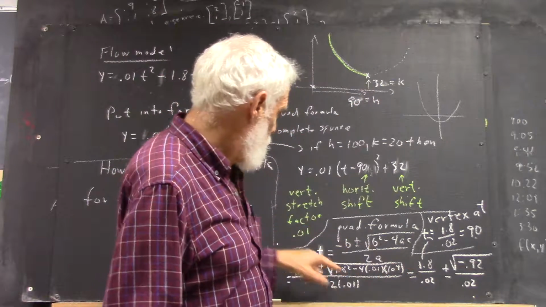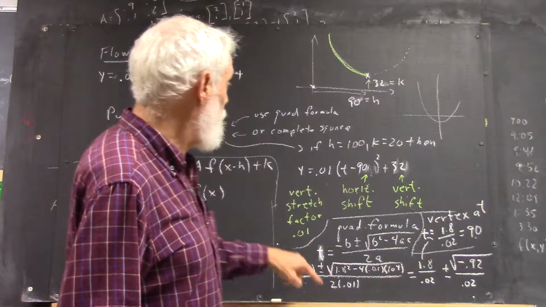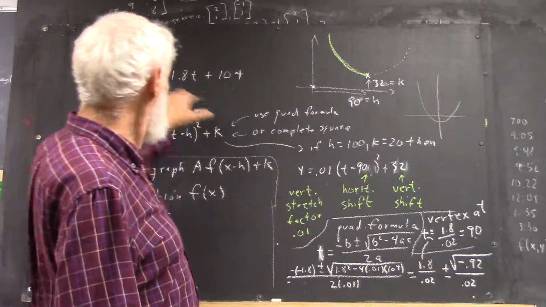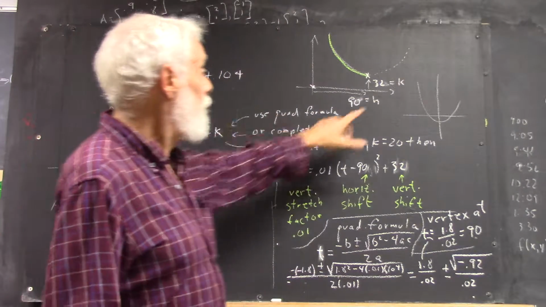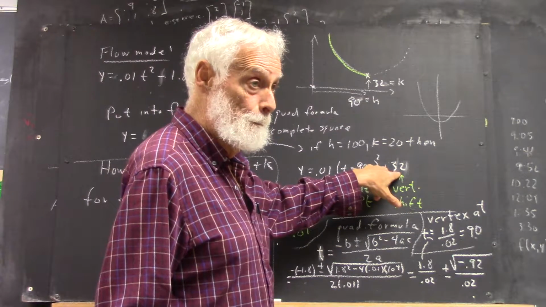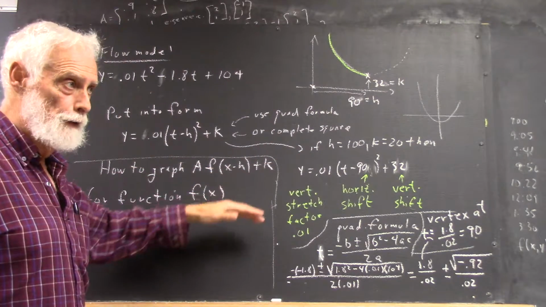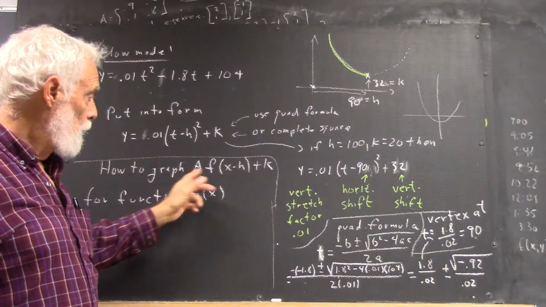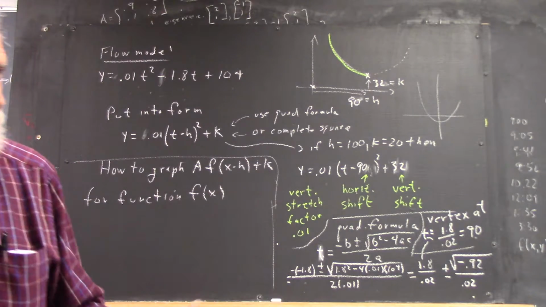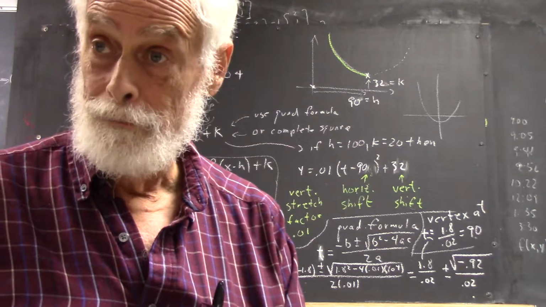It's just going to be this number over this number. And then we can plug that x or t coordinate into our function and find this number, which goes here. Okay? In general, we can do this with any of our functions. General form is this. I didn't get to talk about that, but we'll pick up on it next time, and I'll say a little bit about it in the assignment. Fair enough?